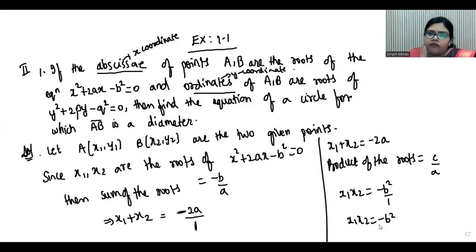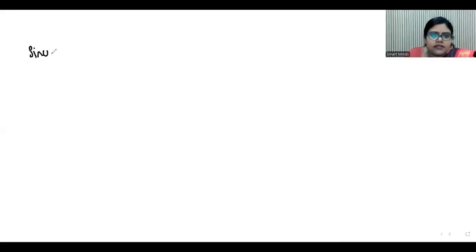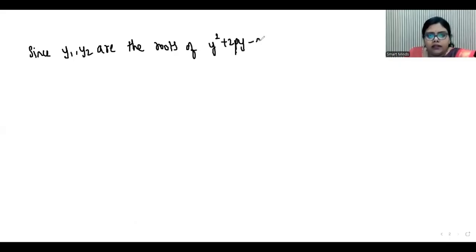The same way we will do it for the second part of the question. That is, we will take y1 and y2. Since y1 and y2 are the roots of the quadratic equation y square plus 2py minus q square is 0, then what is the sum of the roots?